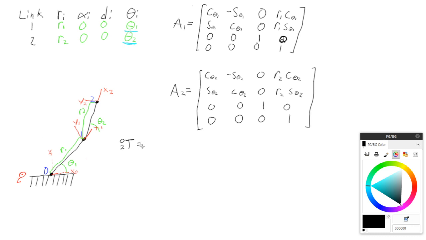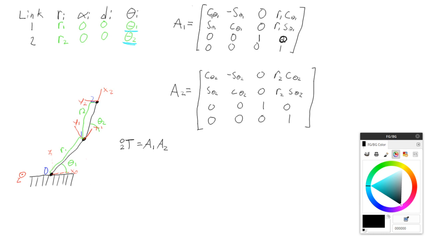So that just equals A1 times A2. I highly recommend looking up how to do matrix multiplication, or practicing with a tool to get good at doing it. However you want to do it, I think that knowing some of the background behind it is definitely a good way to go about things.